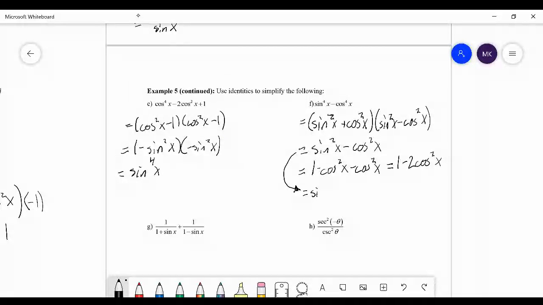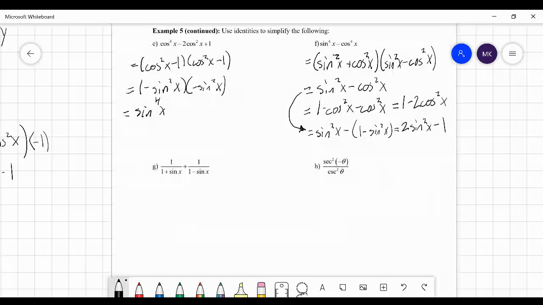Or we could say this is sine squared x minus 1 minus sine squared x. Okay, and distributing this negative, we get a negative 1, positive sign, so we get 2 sine squared x minus 1. Either way, both are perfectly fine. Notice that by switching the sign instead of the cosine, I just didn't have to do the distributing of a negative, but that's pretty easy to do, so I'm not too worried for you guys.